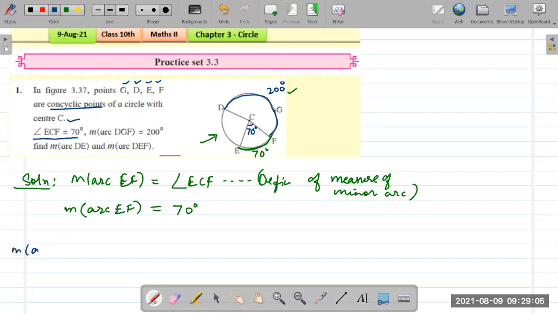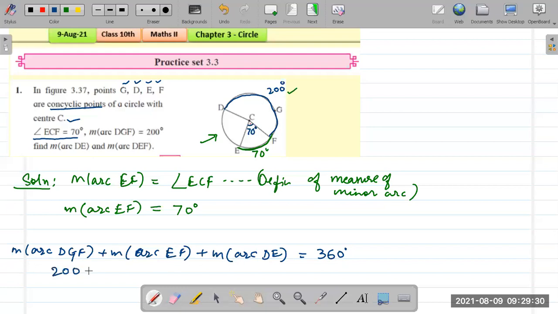So the measure of the arc DGF plus the measure of the arc EF plus the measure of the arc DE, the total is equal to 360 degrees. Now whatever we know, we can just substitute.